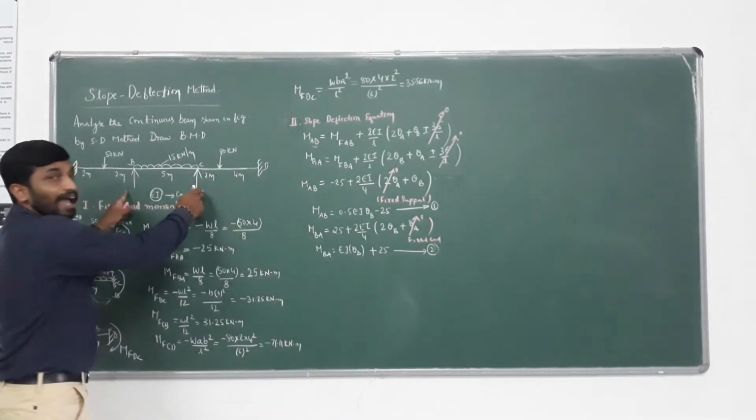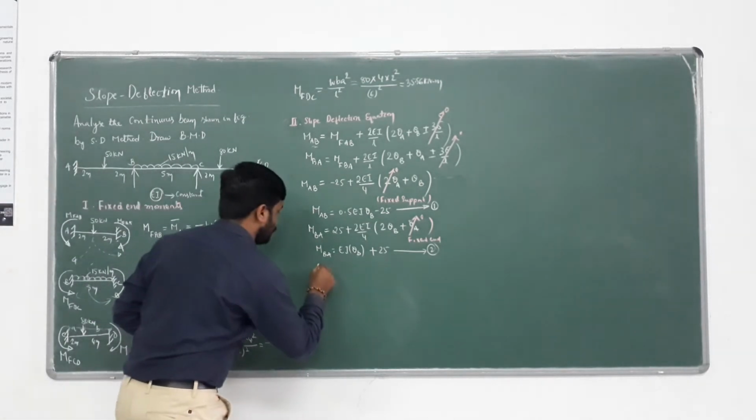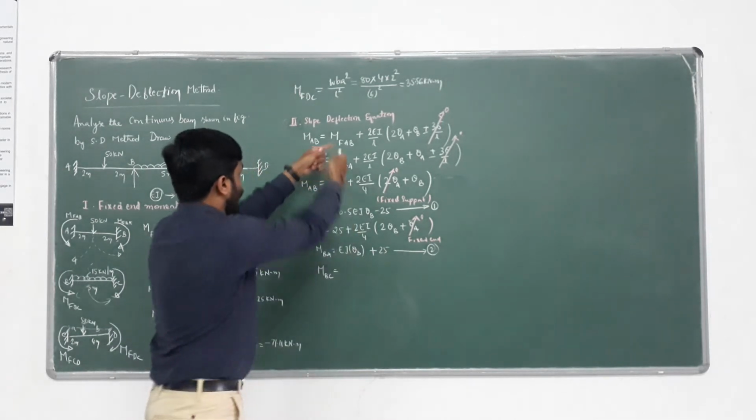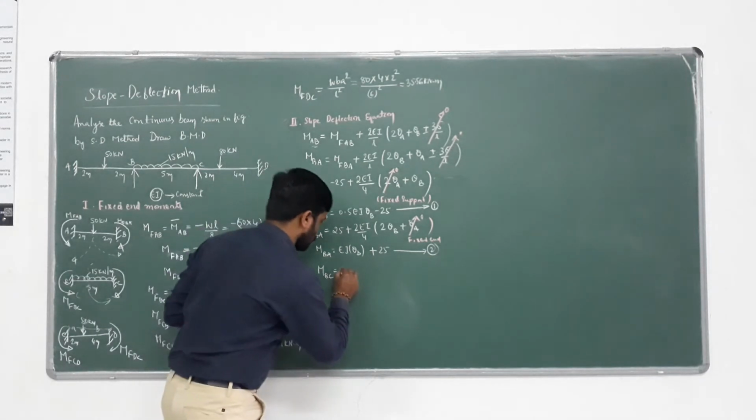Next I will come to span BC. Here we are getting MBC and MCB. MBC equals MFBC. What is MFBC? Minus 31.25.